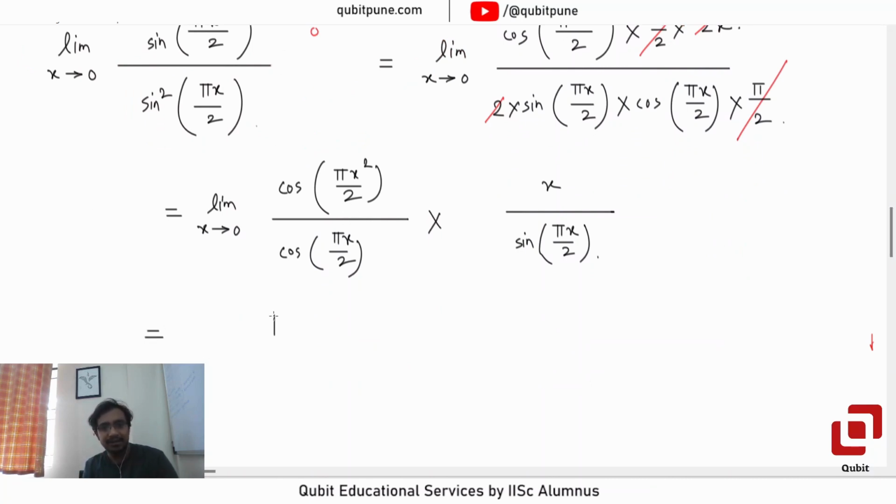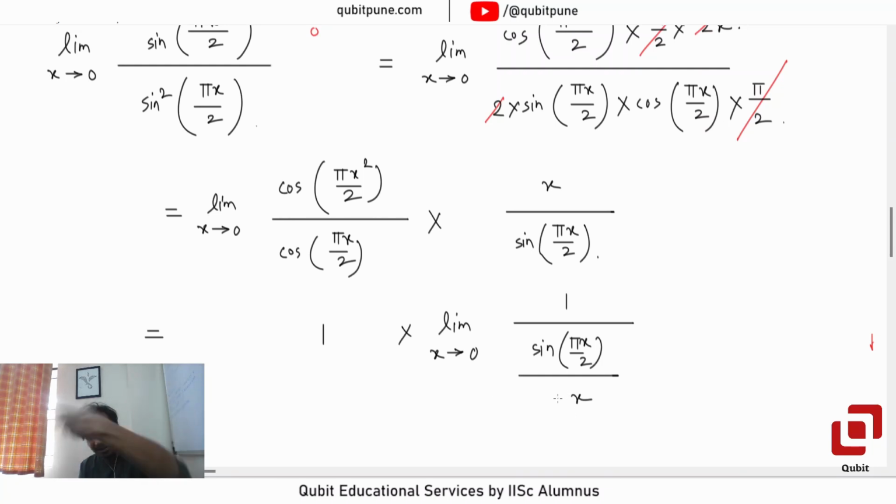Do you agree that the first term here will be 1? Cos of 0 is 1. Yes, that is going to be 1. And now for the second one, I will write 1 in the numerator, and I will send that x in the denominator.